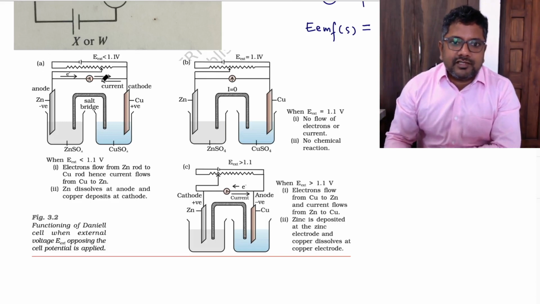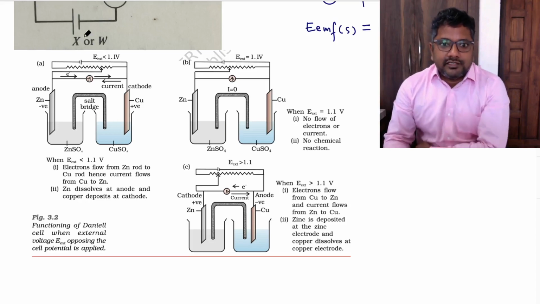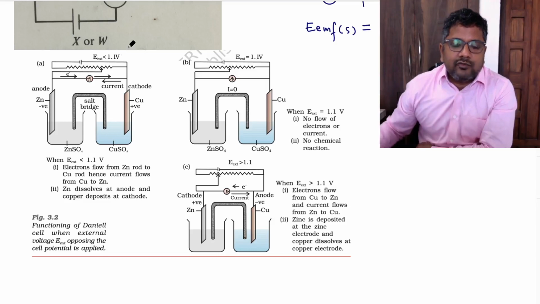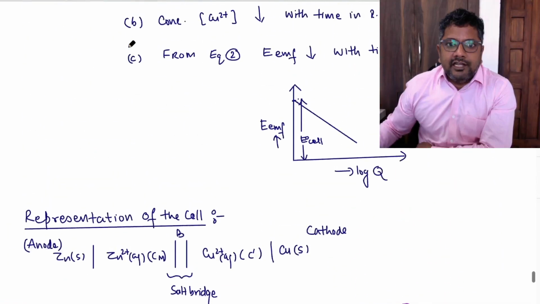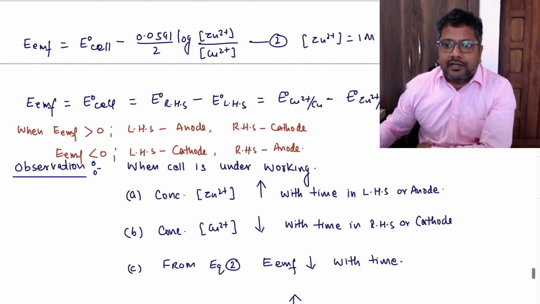See, in the first case, this is E external, this is the rheostat. You can set the potential as I have explained, in the simple manner. So the same arrangement is here. This is copper, this is zinc, and E external is less than 1.1 volt. What we have taken here is the Daniell cell, 1.1 volt I have calculated.